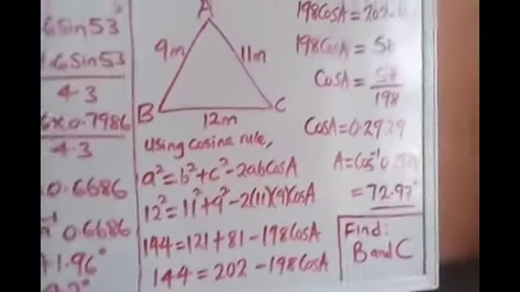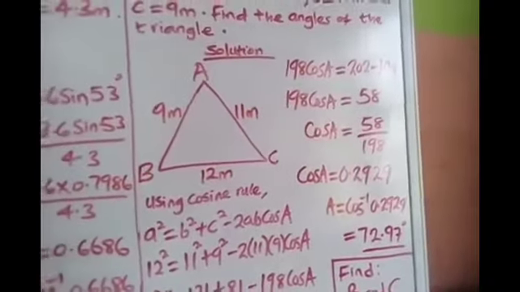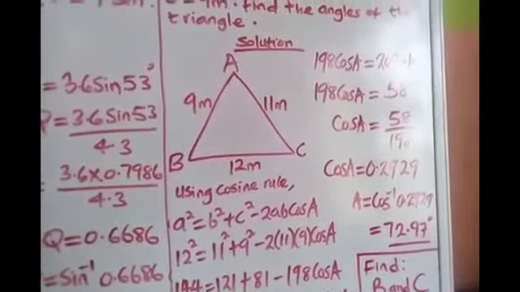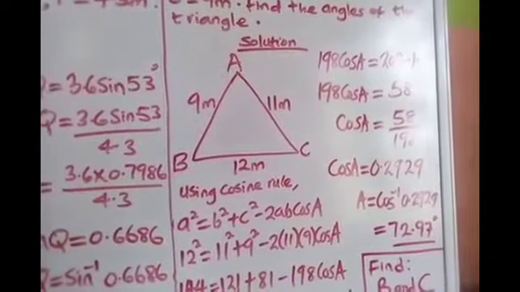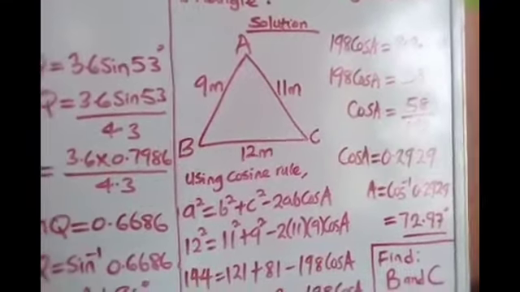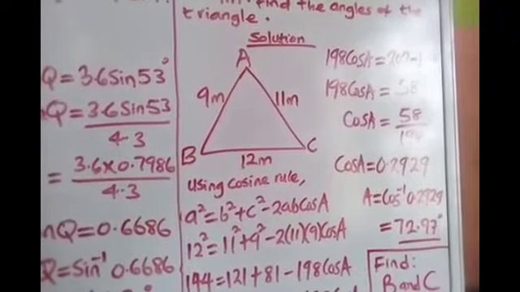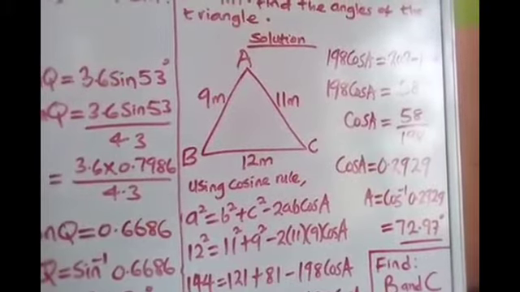So we move terms. We have 198 cos A equals 202 minus 144. 198 cos A equals 58. We make cos A the subject of the formula, which gives us 58 over 198. When we divide, we have 0.2929. So cos A equals 0.2929.